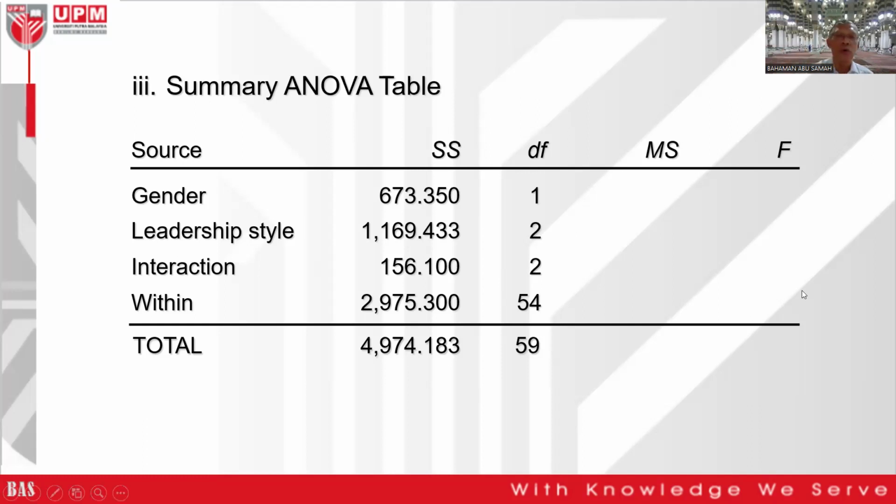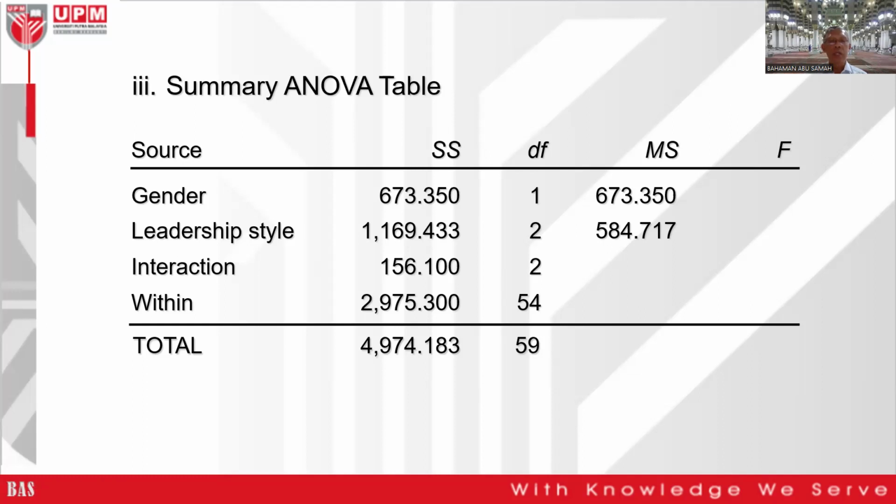Mean square for gender will be 673.350 divided by 1. It will be the same value. For mean square between for leadership style, 1169.433 divided by 2, that will give us 584.717.